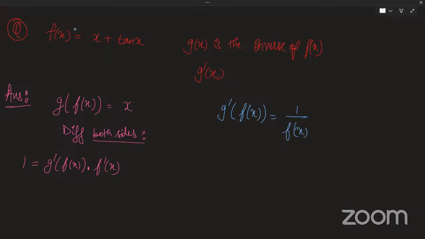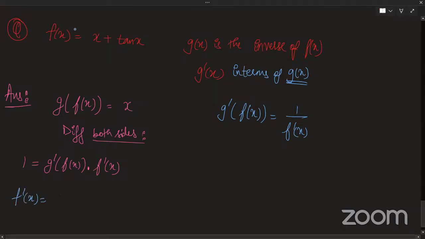See, the issue is that I have to give the answer in terms of g of x. The options have been given in terms of g of x. Fine. So can you just calculate what is the value of f dash x?